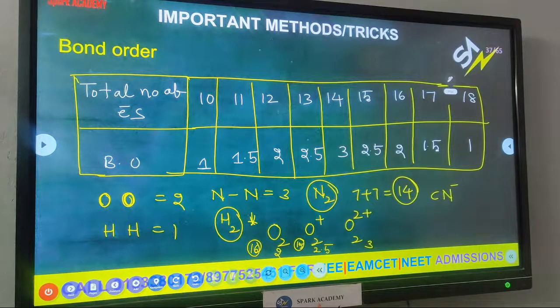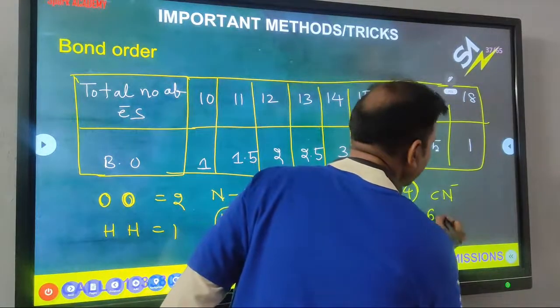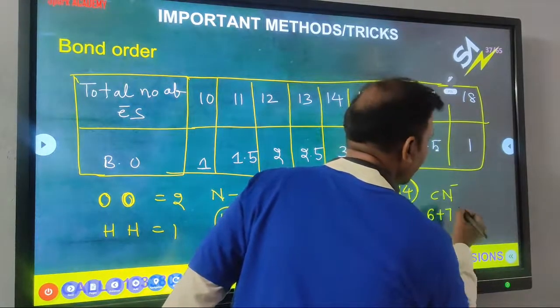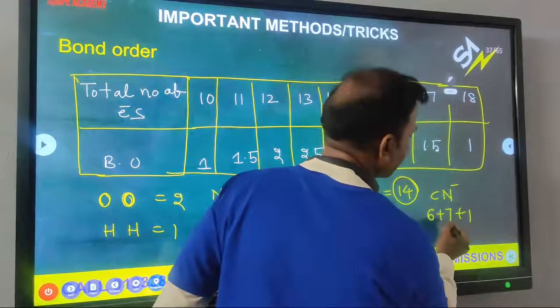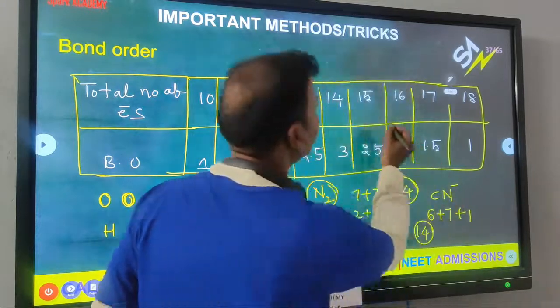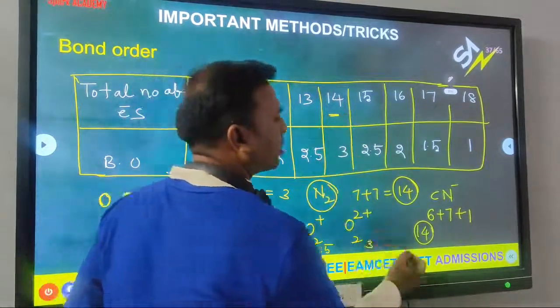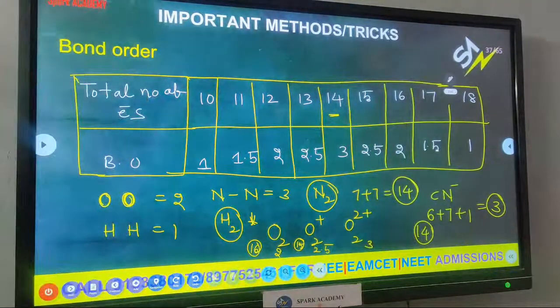Carbon has a total of 6 electrons, nitrogen has 7, and minus means we have to add 1, so 6 plus 7 is 13, plus 1, total number of electrons is 14. What about the bond order? 3. Yes. In this way, this table is useful to find out the bond order of covalent molecules.